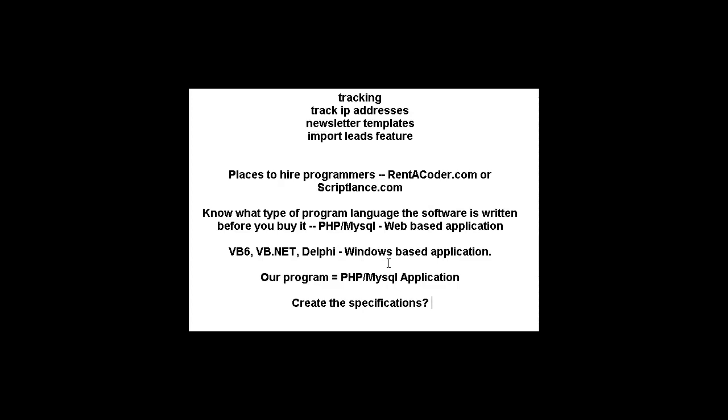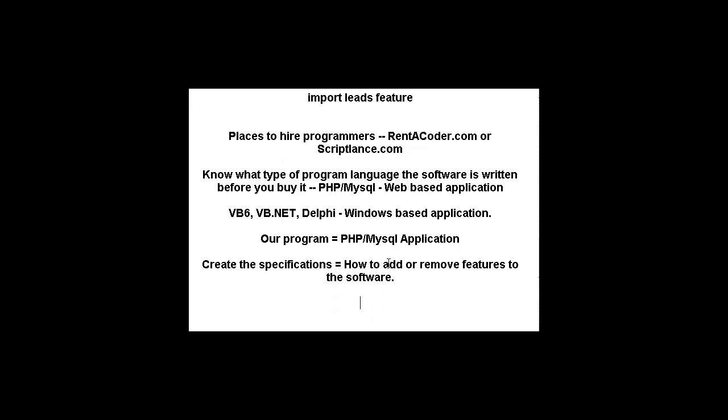So specifications is just a technical word for how to add or remove features to the software. Specifications is the defining point of whether your costs are going to go up or go down. Now here's what I mean by that.